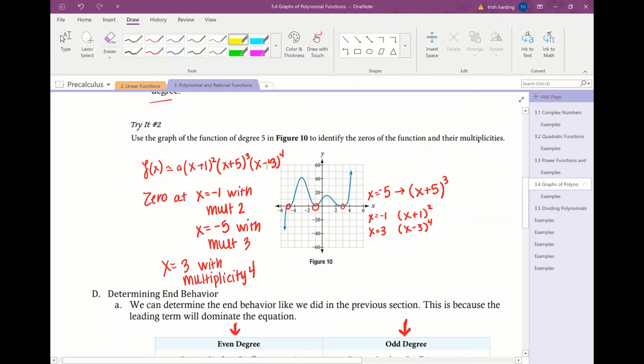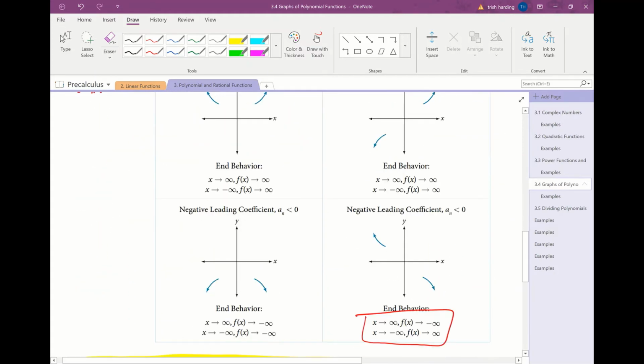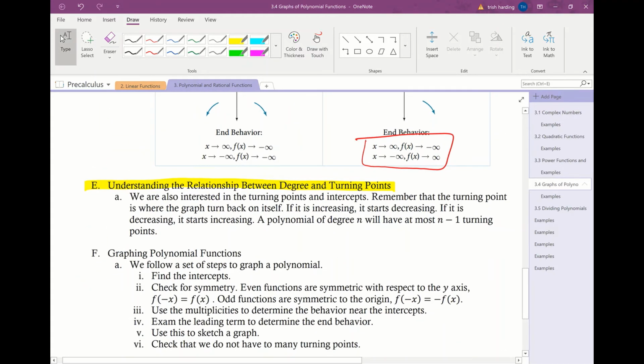Notice that we had 4, 5, 6, 7, 8, 9. Our degree here would have been 9. And notice that we have 1, 2, 3, 4 turning points, which is less than 8, which is good because the most we could have had was 8. So it's okay to have less.